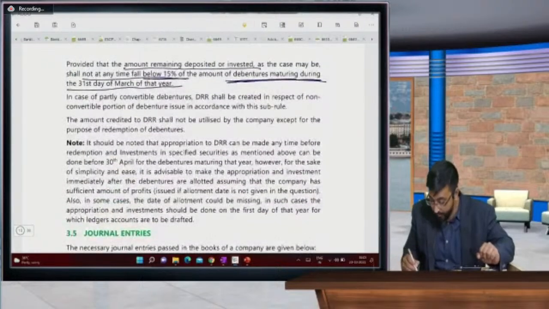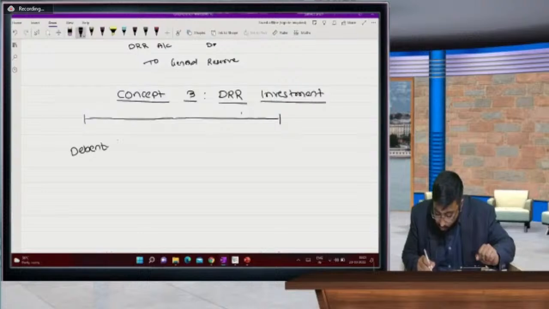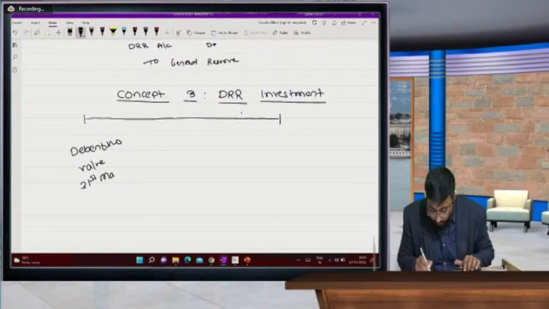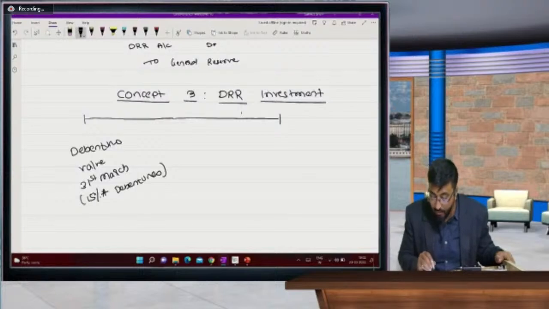So see beta, debentures value on 31st March, of that, invest 15% of debentures.